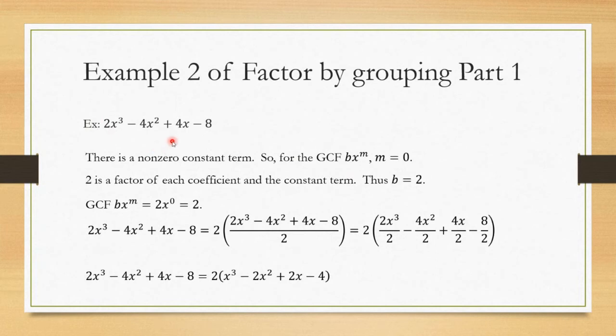Now again, let's get the GCF of the whole polynomial. Right, so there's a non-zero constant term. And whenever that happens, as we have seen already, in the GCF, your m is going to be 0. Now notice that 2 is a coefficient and 2 is a factor of every term.